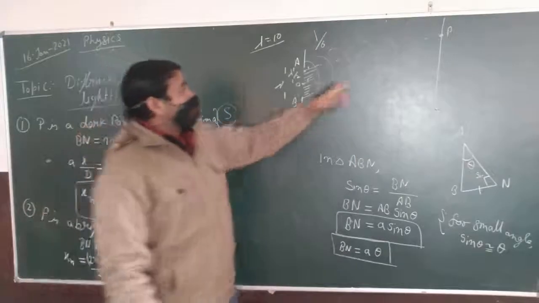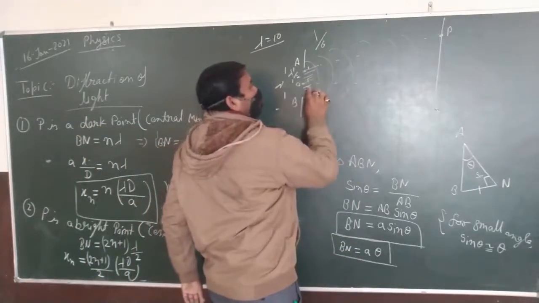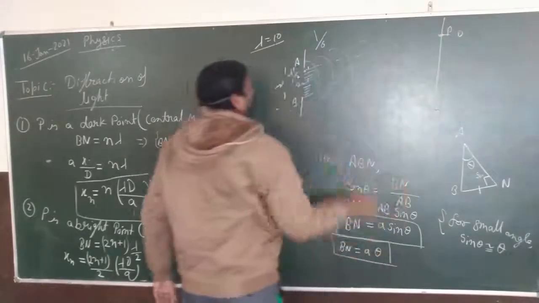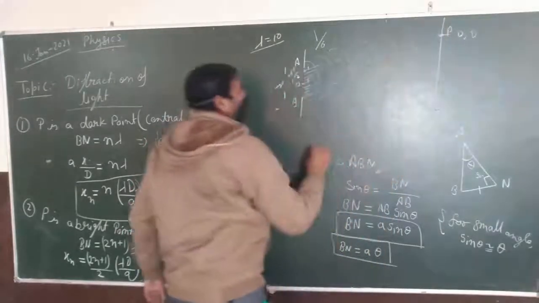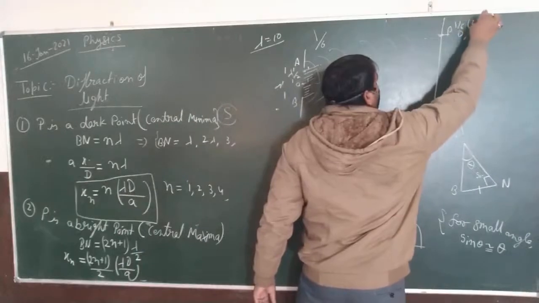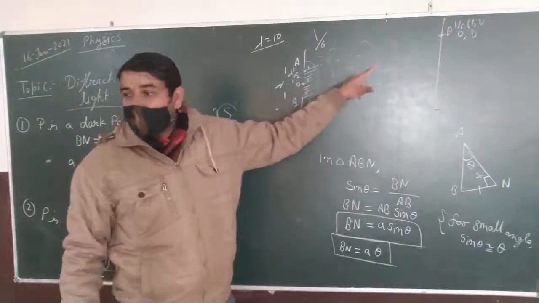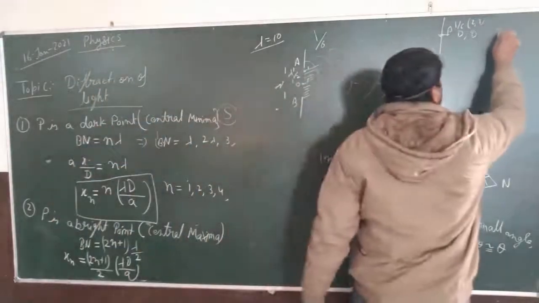So for 1 and 6 you reach there with the dark point, 2 and 7 reach there with a dark point, and similarly the 5th reaches there with a dark point, and the 10th also reaches there with a dark point.